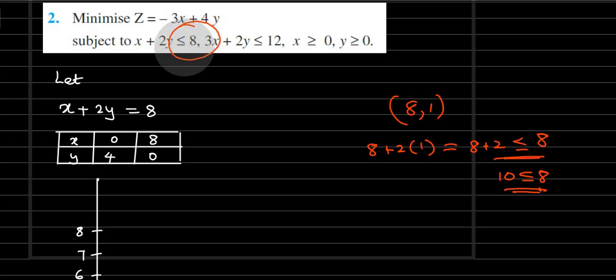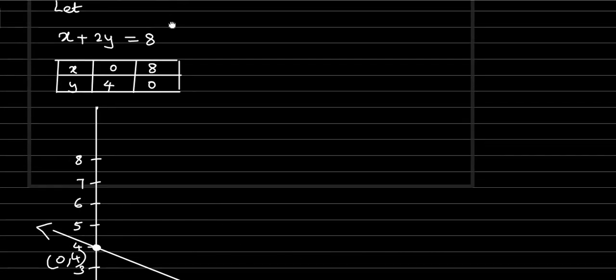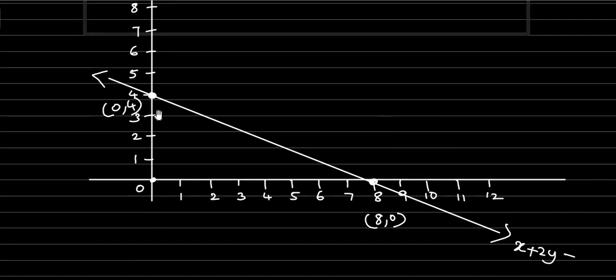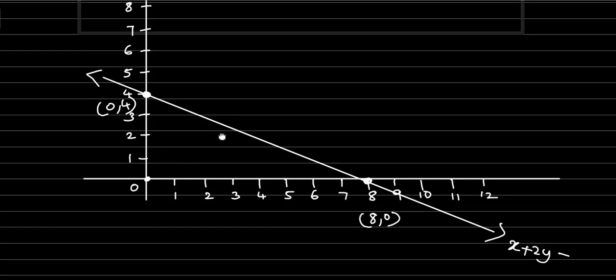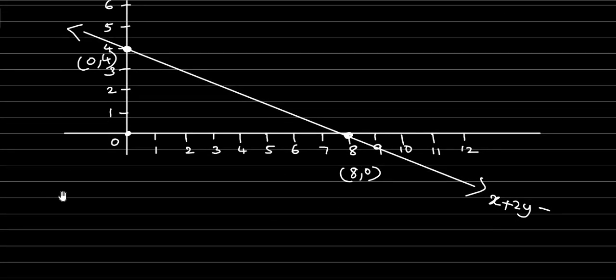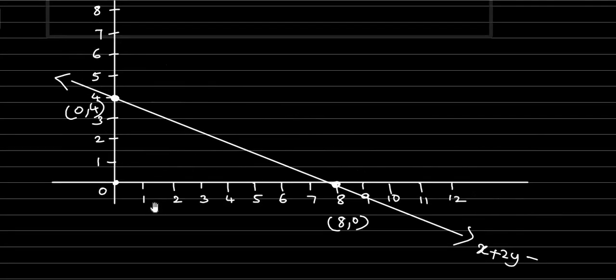No. So that means the solution for the given inequality does not lie in this portion. That means we have the solution only on this side. We can confirm that too. Let me take a point which lies on this side. So the easy point 0, 0, shall we take?